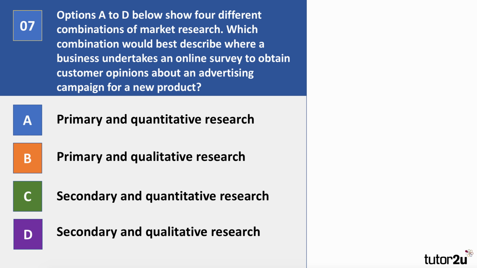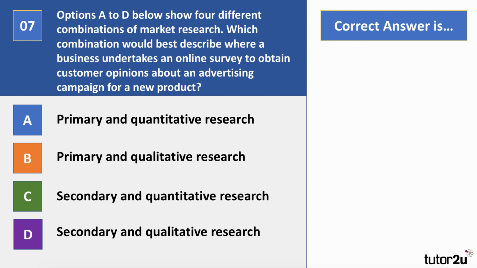So options A to D, different combinations of primary, secondary, quantitative, qualitative research. The answer here is B. Why is it B? Well, don't forget, primary research is research that is undertaken for a specific purpose. That's very much the question there. The clue in the question: the business undertakes an online survey to obtain opinions.